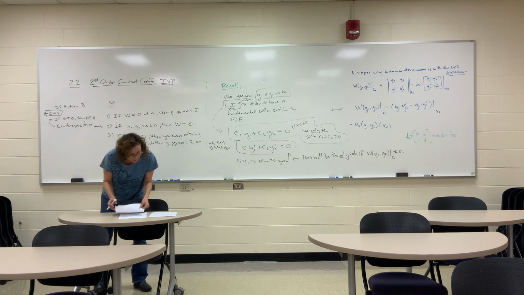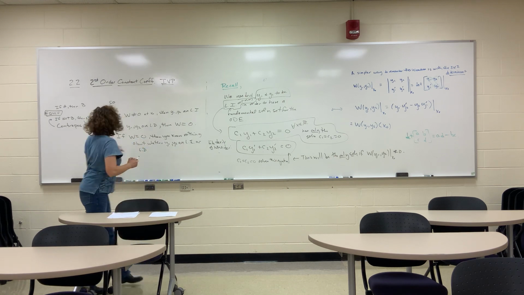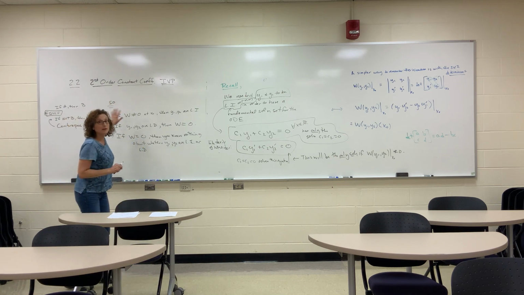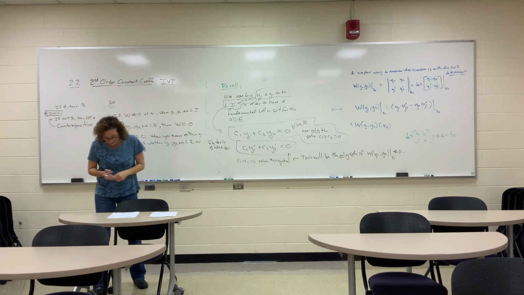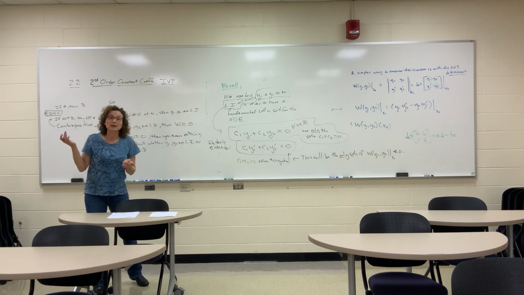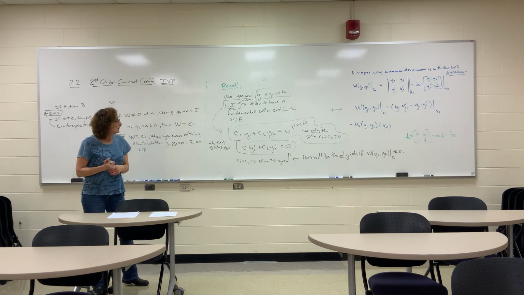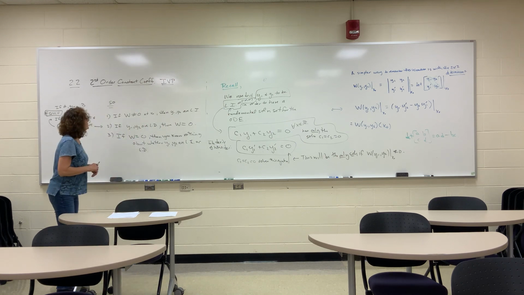There's going to be a very special truth about functions that solve linear ODEs, like the ones that we had back here, in the ones that we've been looking at for second order constant coefficient. It's going to be a very special truth about the Wronskian for those types of functions.